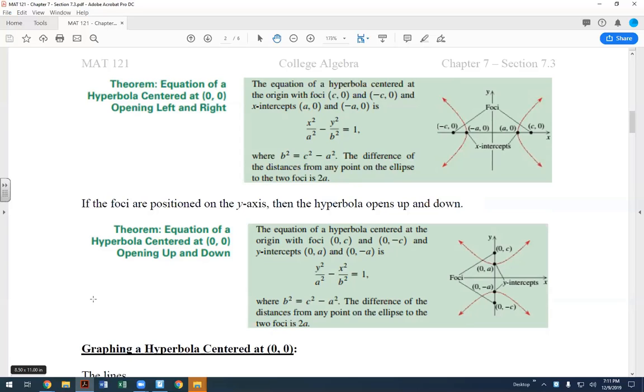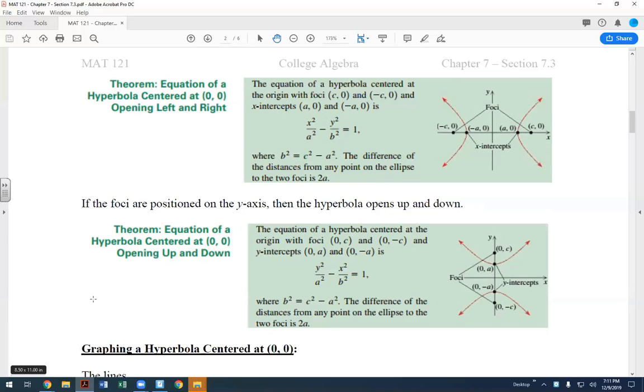We're still using the letter C to talk about foci. For hyperbolas opening left and right, you will have (C, 0) and (negative C, 0). For hyperbolas opening up and down, it's going to be on the y-axis, so it's (0, C) and (0, negative C).